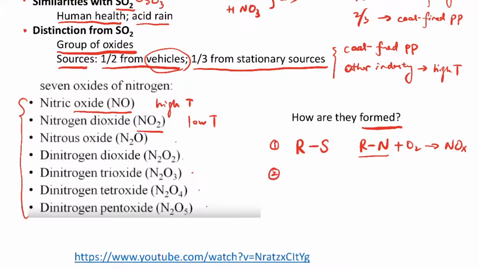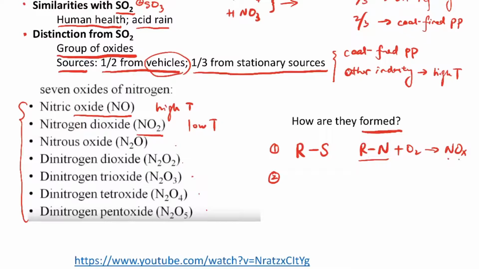And there's another, very important way of forming the nitrogen oxides. If you just look at the composition of the nitrogen oxides, it's composed of nitrogen and oxygen, right? And we also know that our ambient air is mostly composed of nitrogen and oxygen, okay?